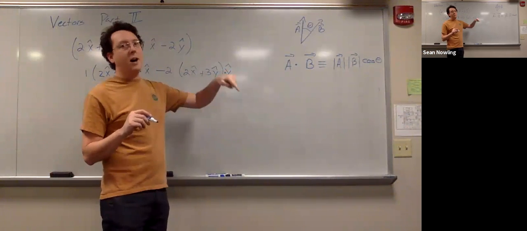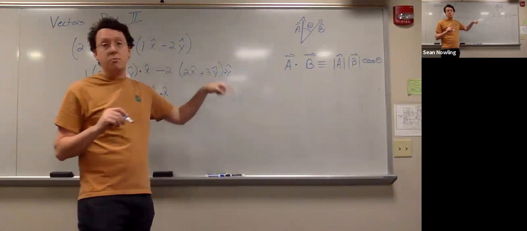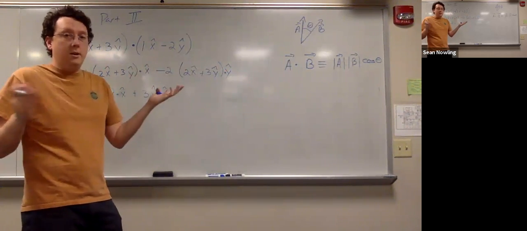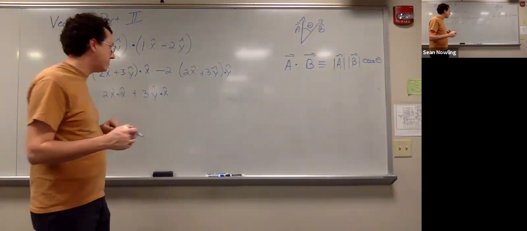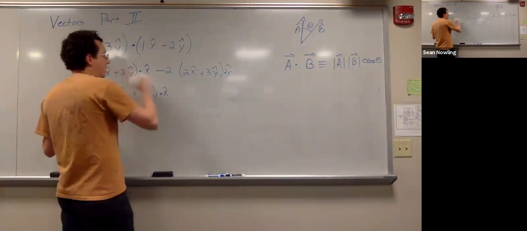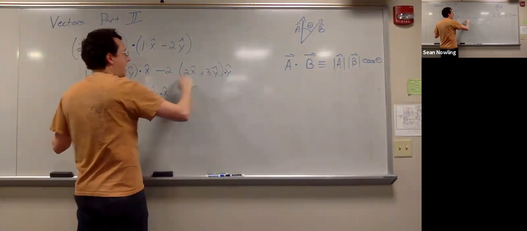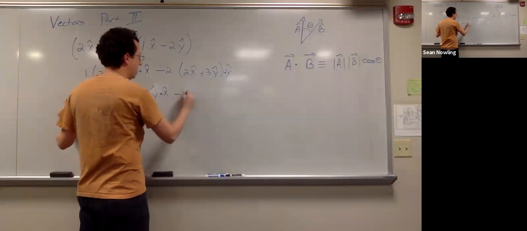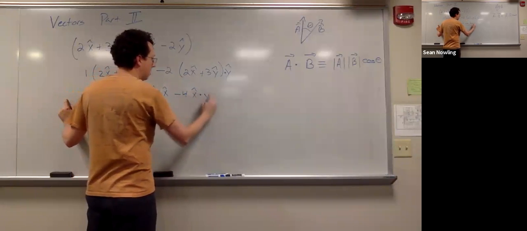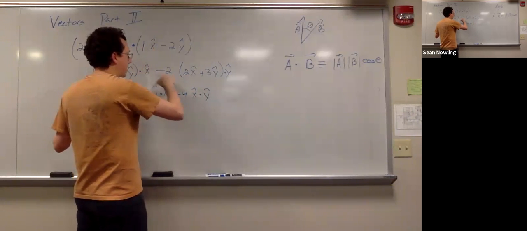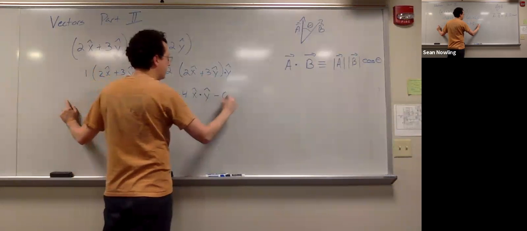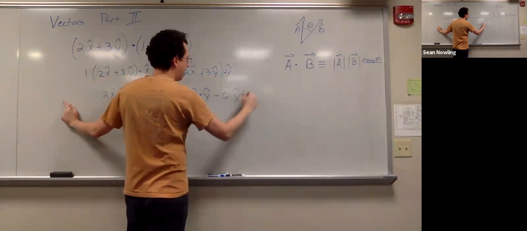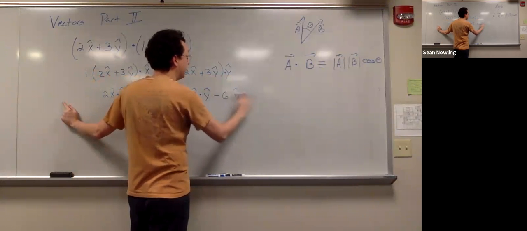You have to say x hat dot y hat, or later on we're going to do x hat cross y hat. If you just put the two vectors next to each other, it's gibberish. There's no meaning to it. All right, so I have y hat dot x hat, and I have to multiply by -4. And then I have -2 times 3, it's -6, y hat dot y hat. Dot, not plus, sorry.